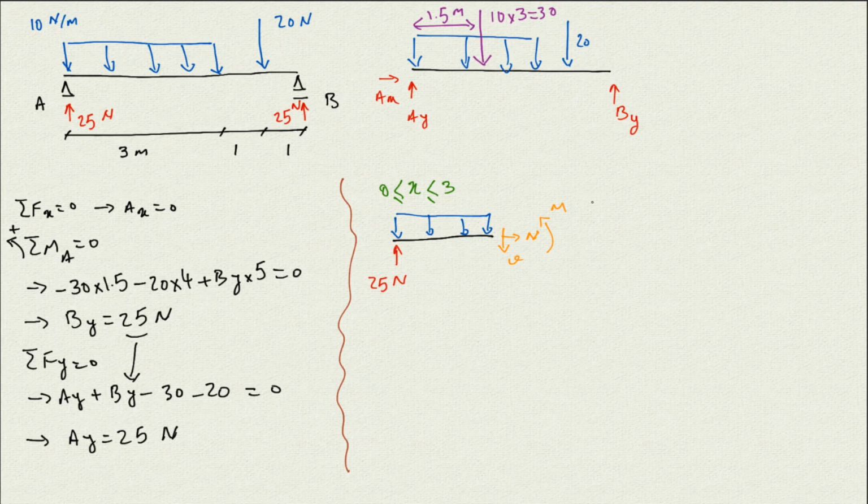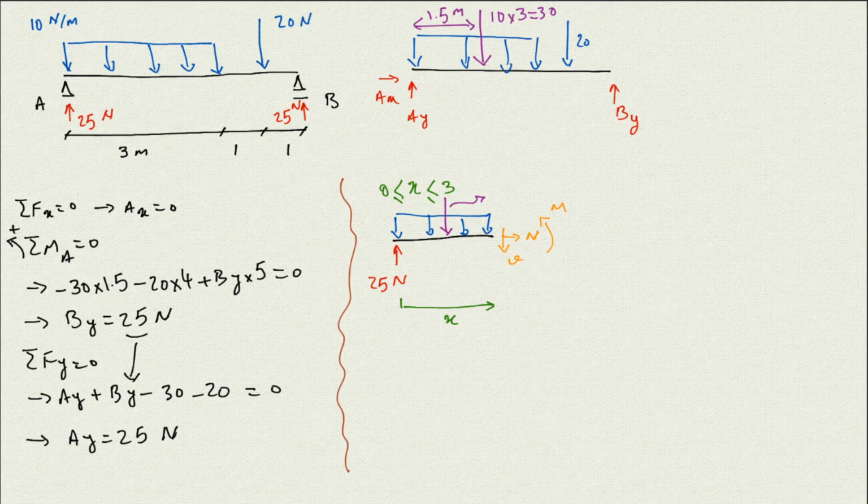So I'm going to just replace this distributed load with the resultant one. It's going to be right in the middle of that. It goes from here to here, so that's the x.